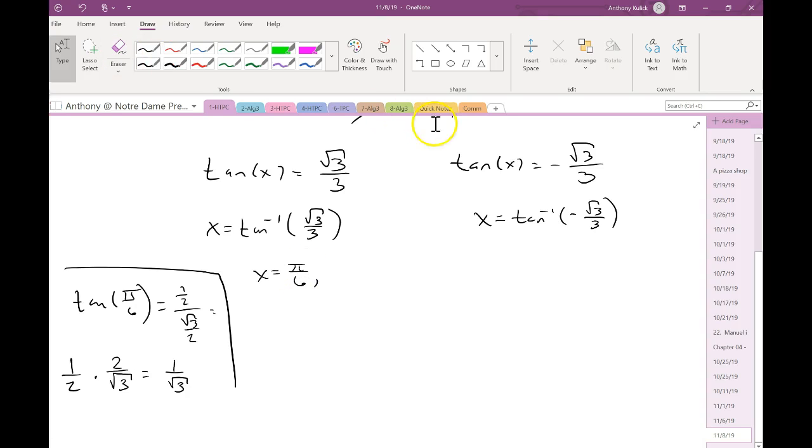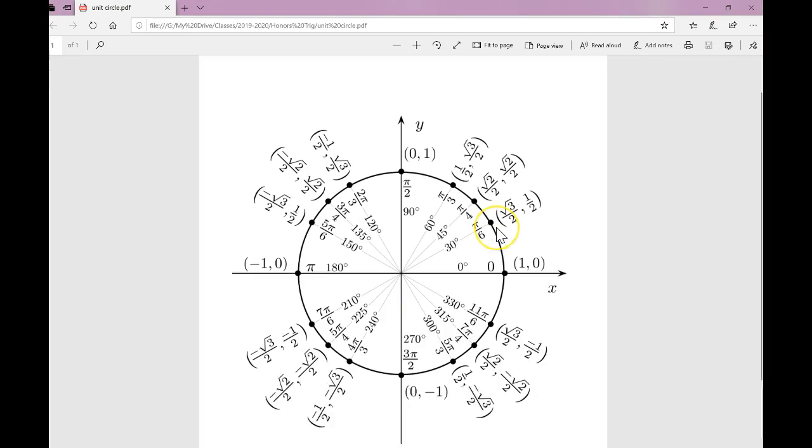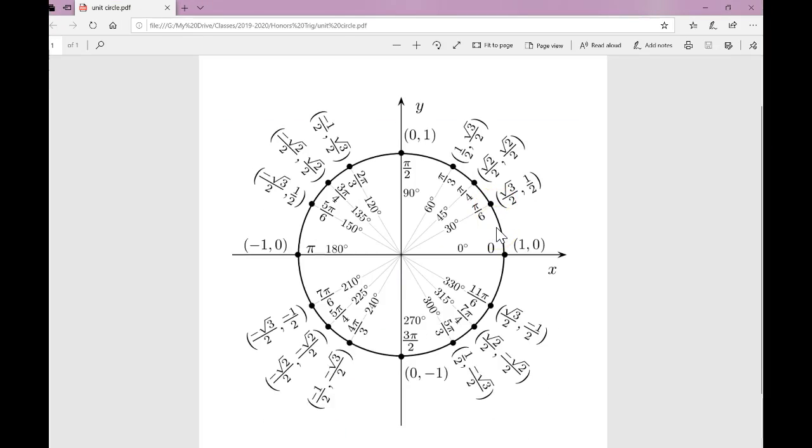Okay, let's go back to the unit circle and look for any more. Where else would I see 1 over root 3? How about here where I have a y coordinate of -1/2 and then the square root of 3 over 2? Right? That would work, wouldn't it? The same thing will happen, but I'll get -1 over root 3.